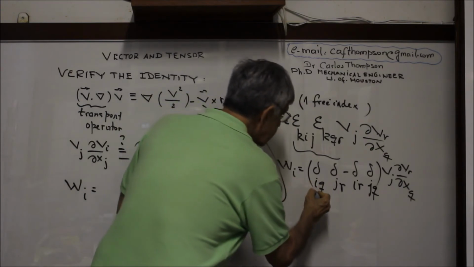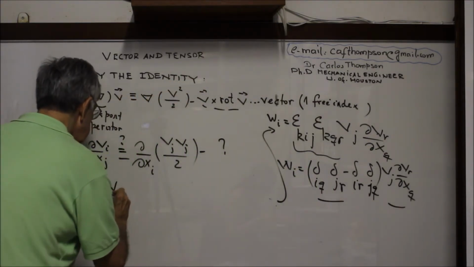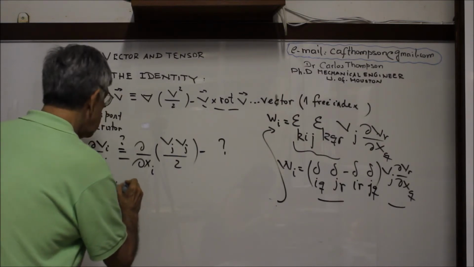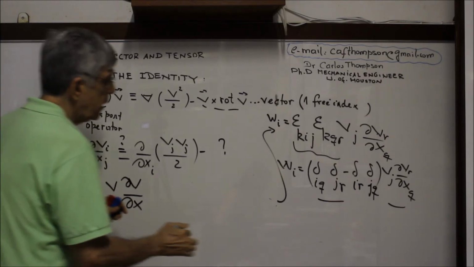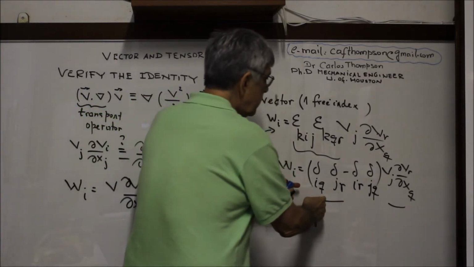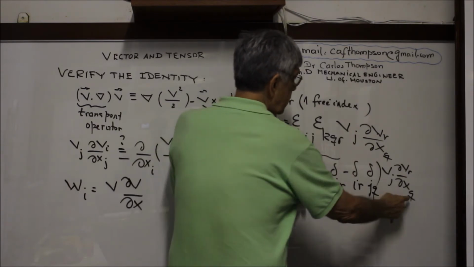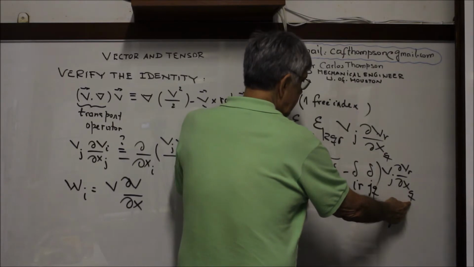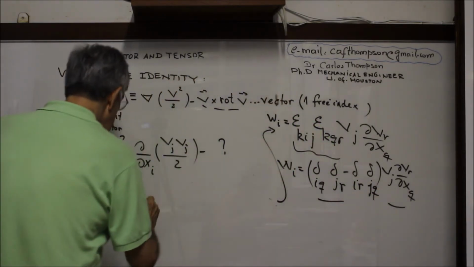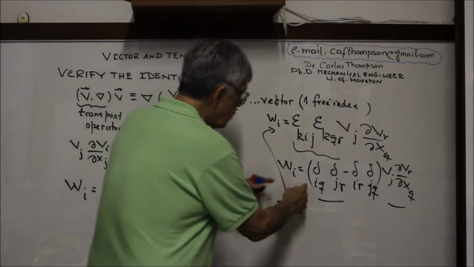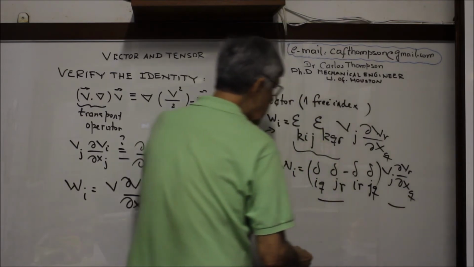Now, let's apply this on here. So, here I have V partial of V with respect to X. Now, delta IQ, move Q and put I, so this is XI over here, because delta IQ operates on Q and puts I there.